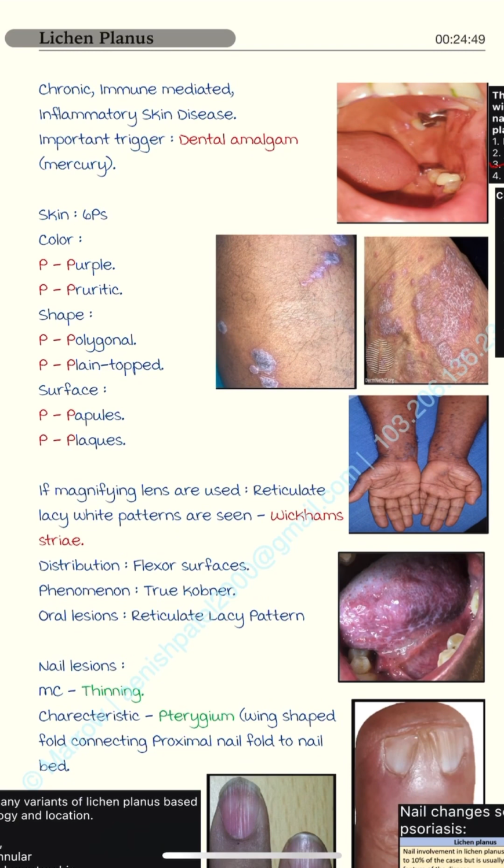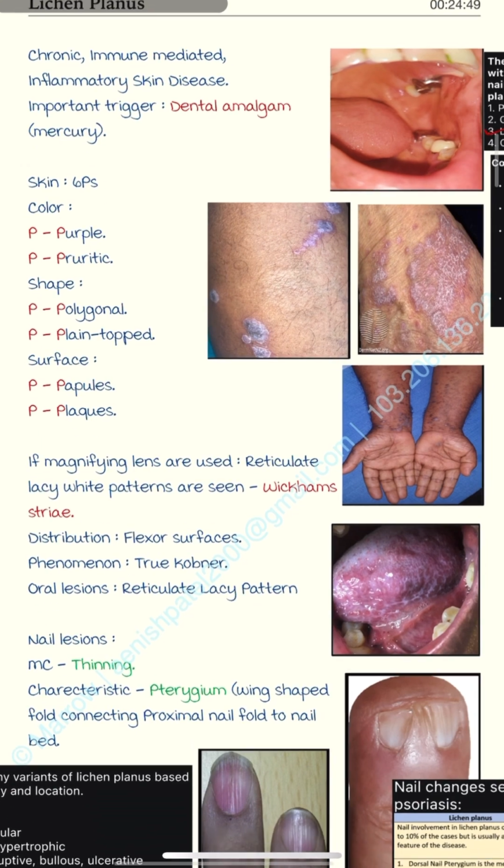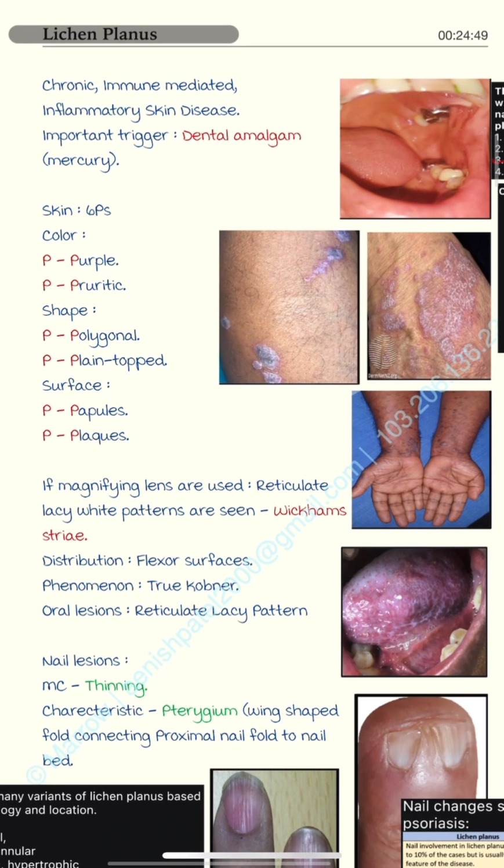It is a chronic immune-mediated inflammatory skin disease. Here an important trigger is dental amalgam or mercury. In lichen planus, there are 6 P's we have to remember: purple, pruritic, polygonal, plain-topped papules and plaques.